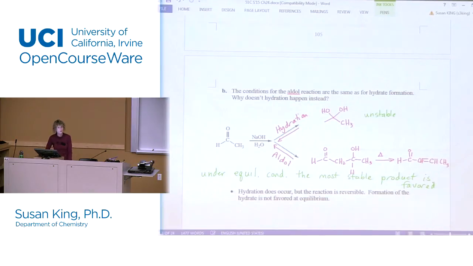You absolutely will form hydrate. When you're doing an aldol reaction, you will form hydrate, but it's a reversible process, and as soon as you form it, it's going to be like, okay, that's a dead end. It's going to go back again. So remember, molecules don't have brains. They don't know that something else is more stable. They collide, and if they collide in the right orientation with the right energy, they'll react.